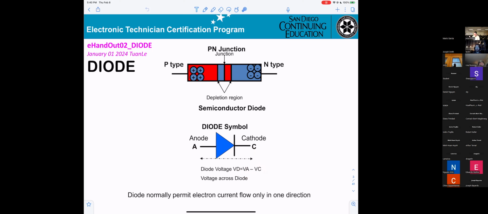A diode normally permits the electron current to flow in only one direction. So the purpose of the diode is to allow current to flow only from A to C, but not from C to A. Only one direction.